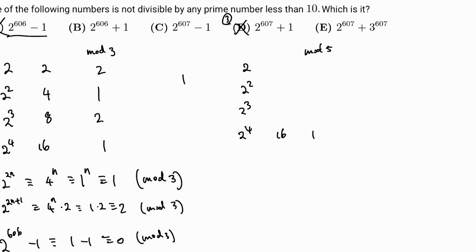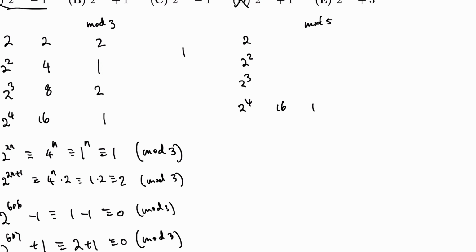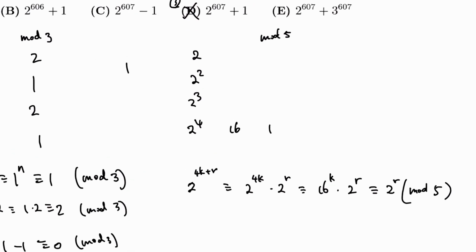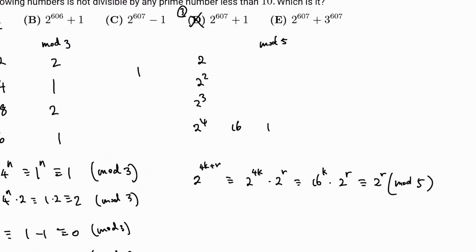So that's very convenient for us, because if we just have 2 to the 4k plus a remainder power, then we can just break it up into 2 to the 4k times 2 to the remainder, which gives us 16 to the kth power times 2 to the remainder, which goes to 1 times 2 to the remainder, which is just 2 to the remainder, mod 5, right?